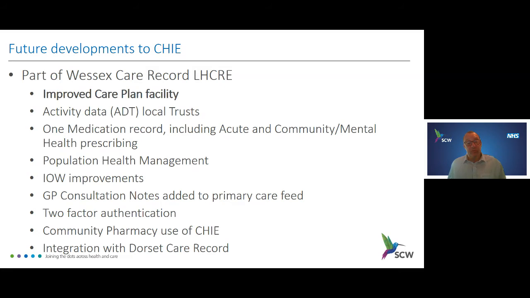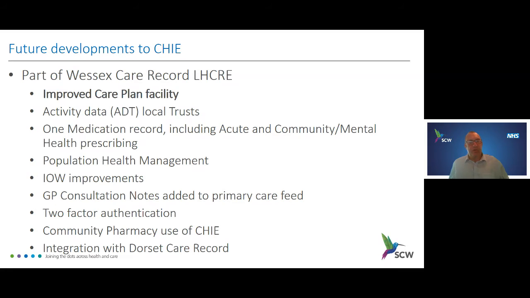So what Shauna was talking about a moment ago, which is using the knowledge, using the information that we hold about our patients and about what's happened to them in the past, to try and make some predictions about what's going to happen to them in the future.